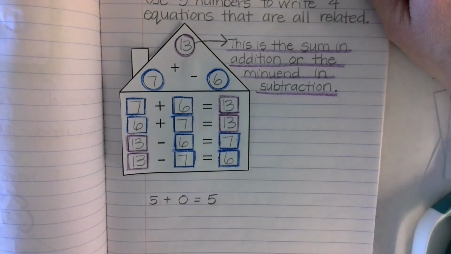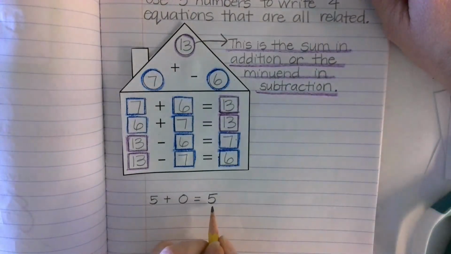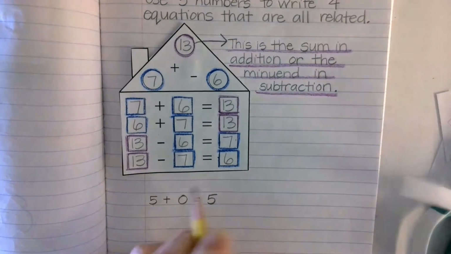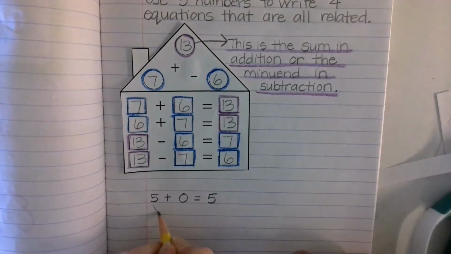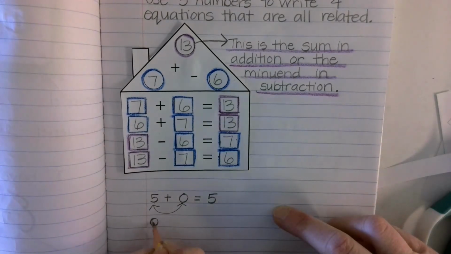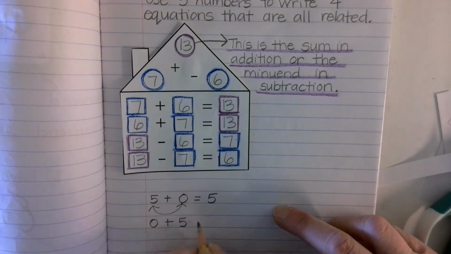Then remember that the addends need to trade places. So I'm going to draw little arrows. So now we have 0 plus 5 equals 5.